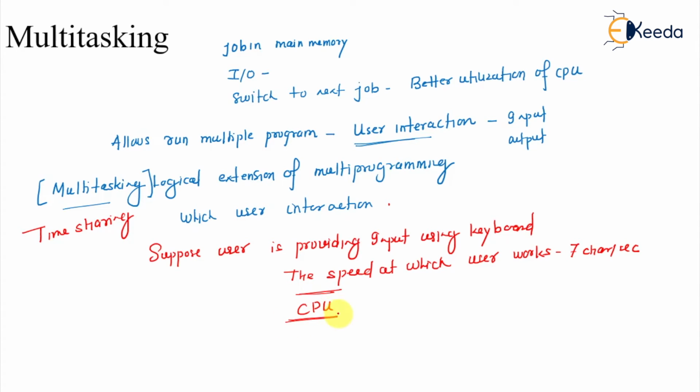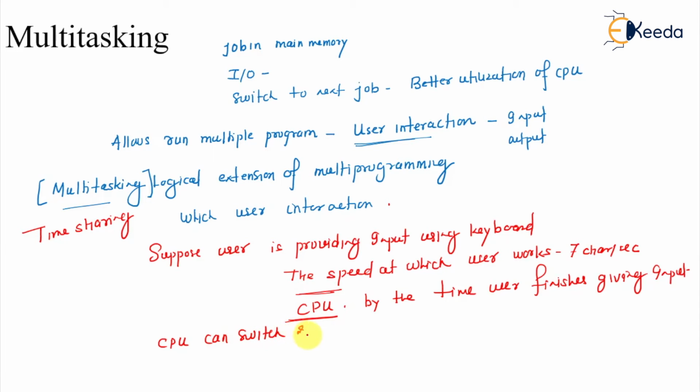So by the time the user finishes giving input, the CPU can switch and complete some other job. The CPU can switch and serve another user.